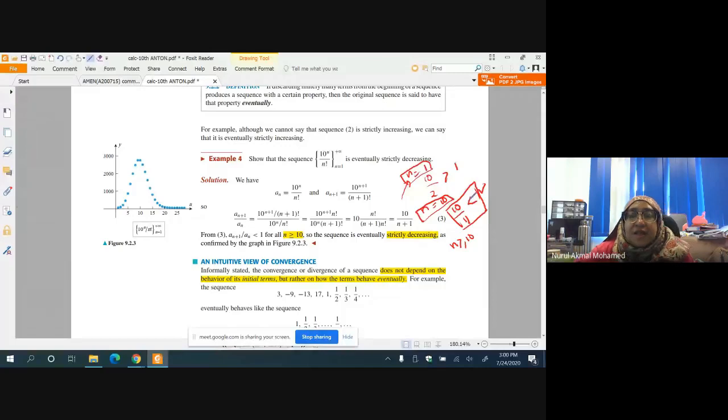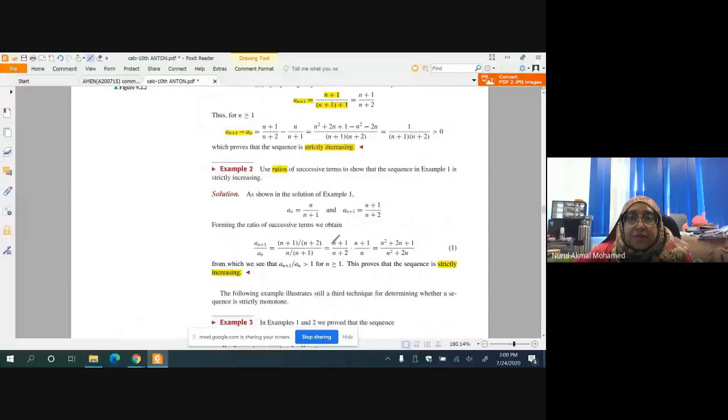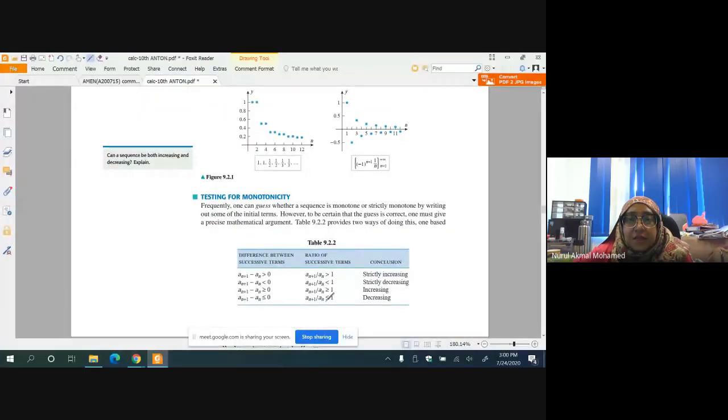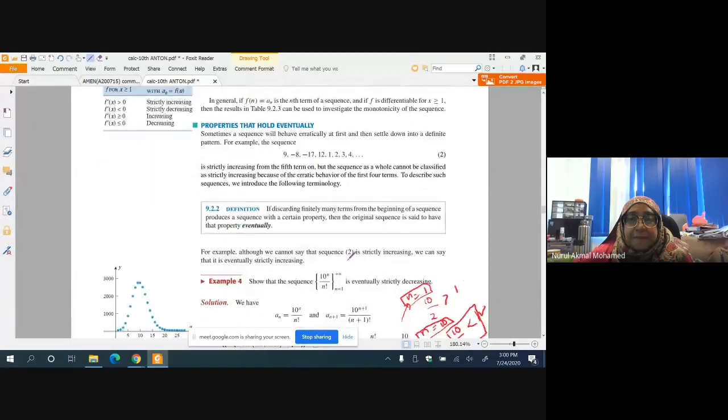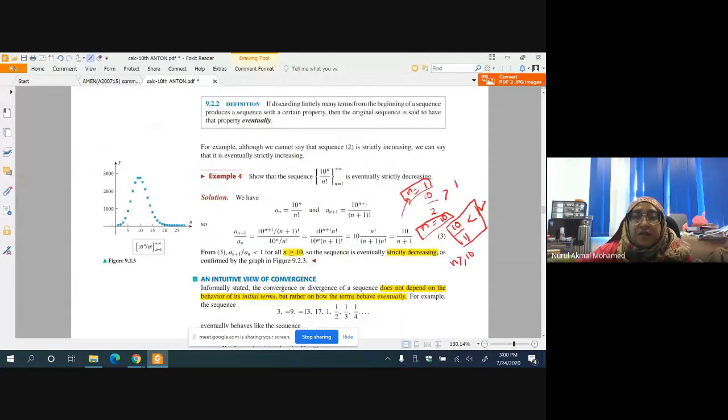If it is less than 1, it means that it is strictly decreasing, right? So from these properties here, it is strictly decreasing. And by the graph, the graph will look something like this. Firstly it is increasing, but after n equal to 4, it will be decreasing.